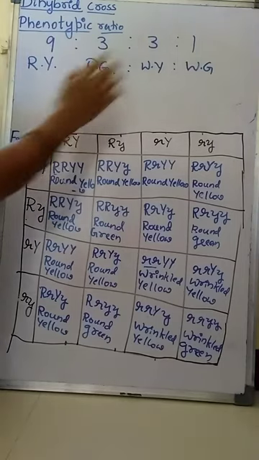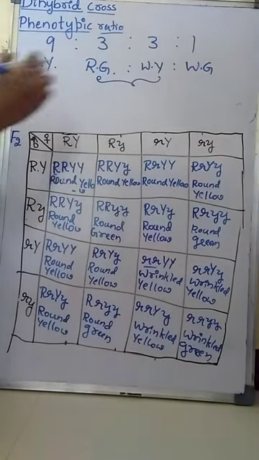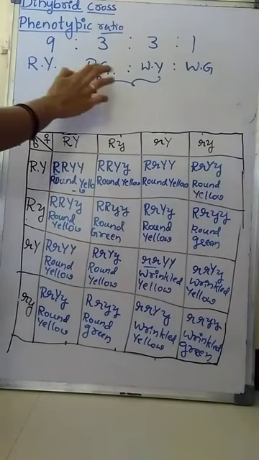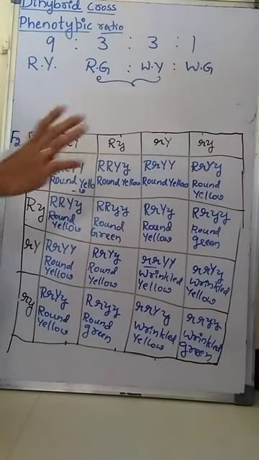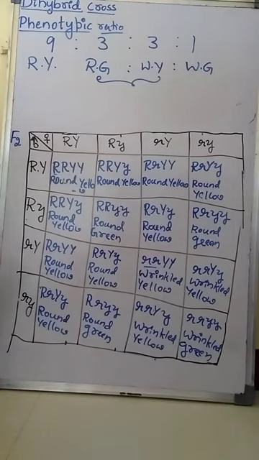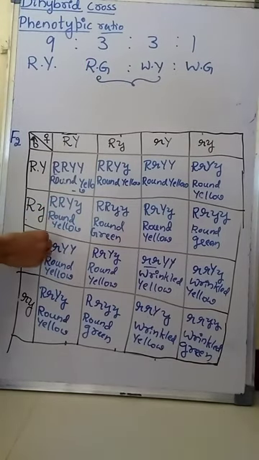Round green and wrinkled yellow are non-parental combinations, meaning new combinations. We have obtained these non-parental combinations in the F2 generation of the dihybrid cross. So this is about the phenotypic ratio of the dihybrid cross.